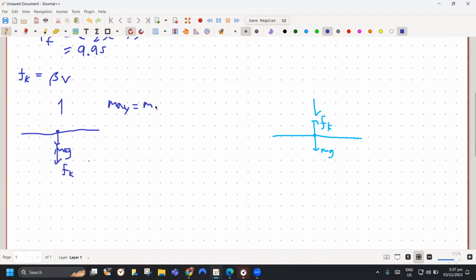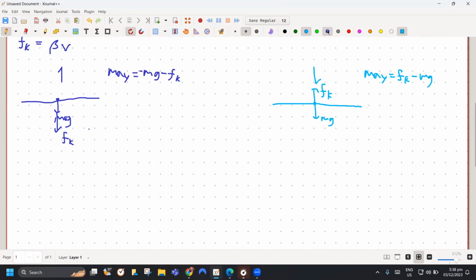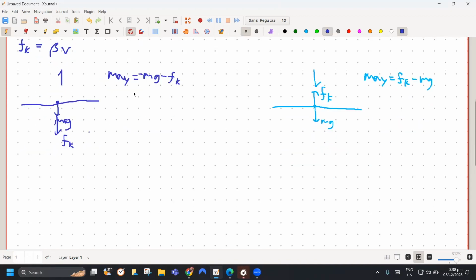MAY is equal to... ngayon, yung FK is equal to beta V, that's beta times speed. Walang sign yan eh, so gusto natin na may sign. Kung gusto natin ng velocity, tawagin mong Vy. What is Fk in terms of beta and Vy?